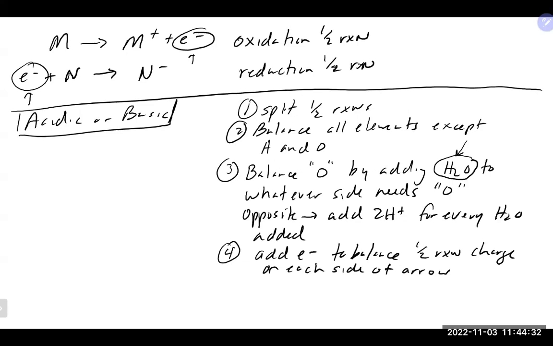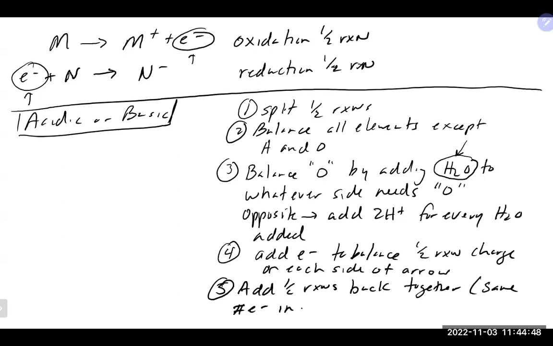Once you do that, you can add the half reactions back together. Once again, you need to make sure same number of electrons in each half reaction. And again, if you do not have the same number of electrons, you need to multiply them by a common number to do that.